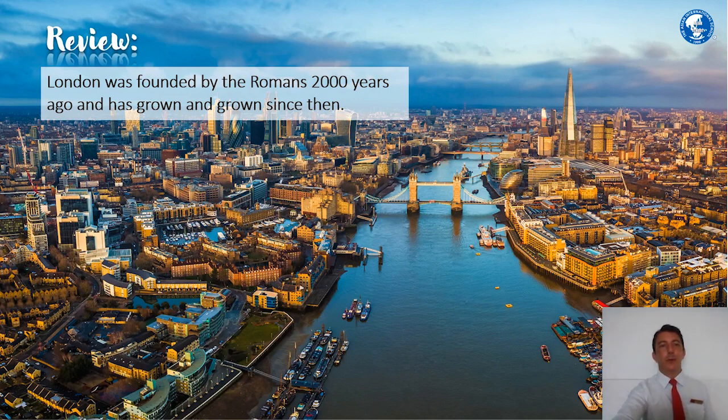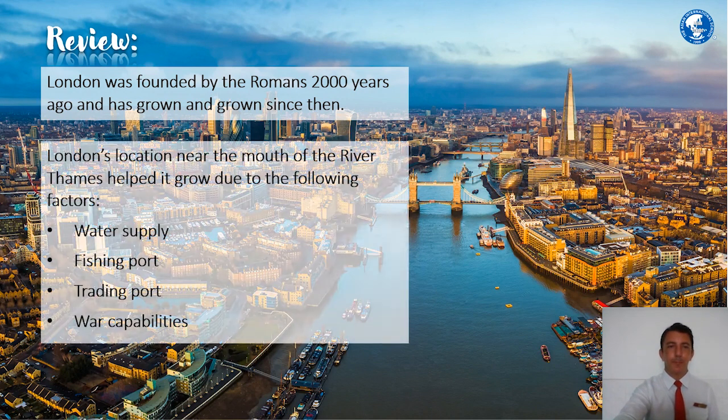Okay, so we'll review the main points. So London was founded by the Romans 2,000 years ago, and it has grown and grown since then. London's location near the mouth of the River Thames helped it to grow due to the following factors. It supplied water, it was a fishing port, a trading port, and it provided war capabilities.